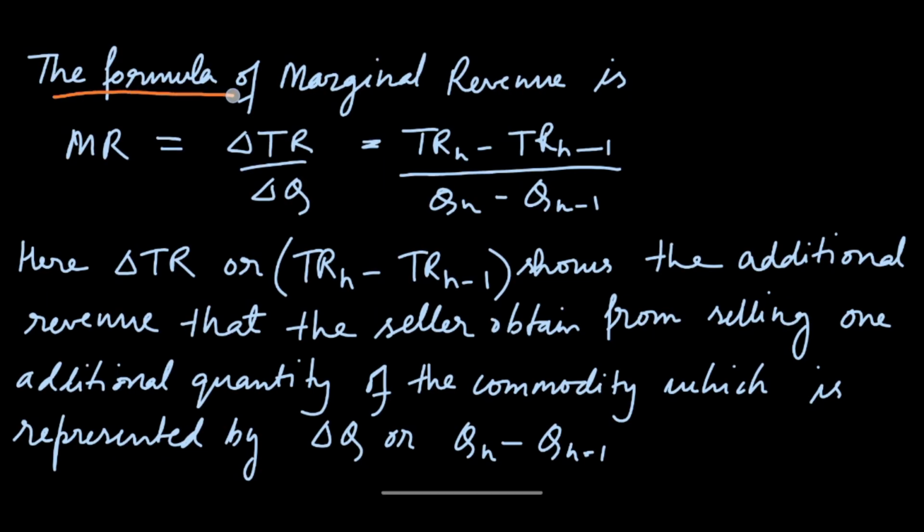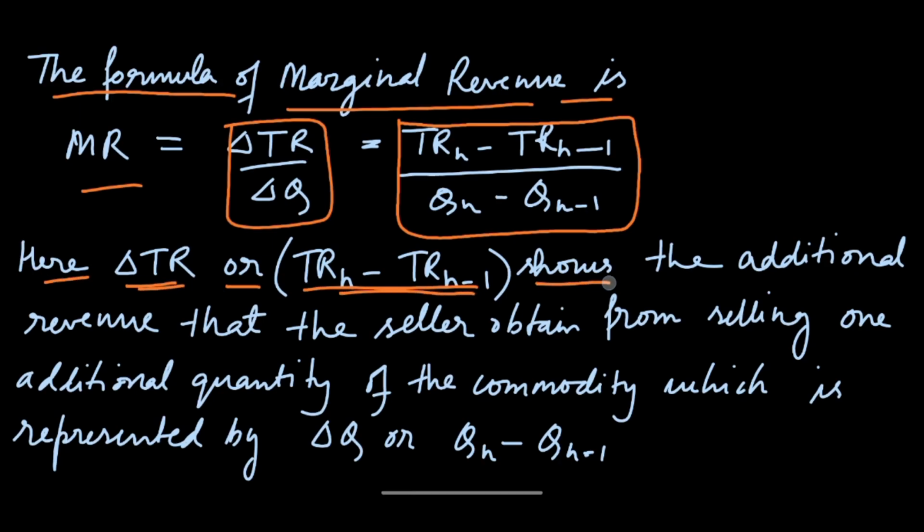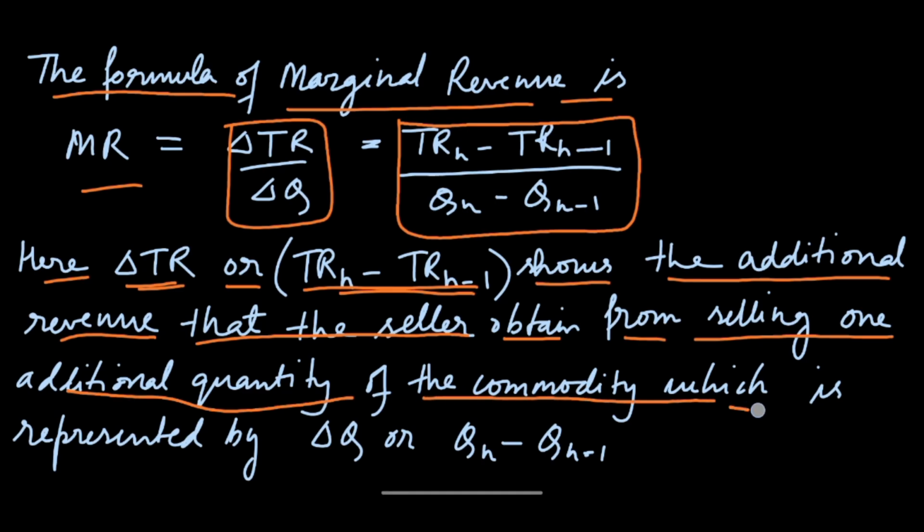The formula of marginal revenue is MR equals delta TR by delta Q, or TR(n) minus TR(n-1) divided by Q(n) minus Q(n-1). Here delta TR shows the additional revenue that the seller obtained from selling one additional quantity of the commodity, which is represented by delta Q.